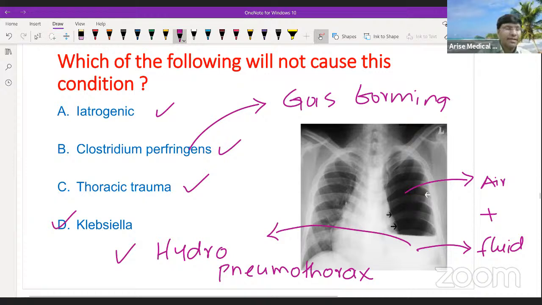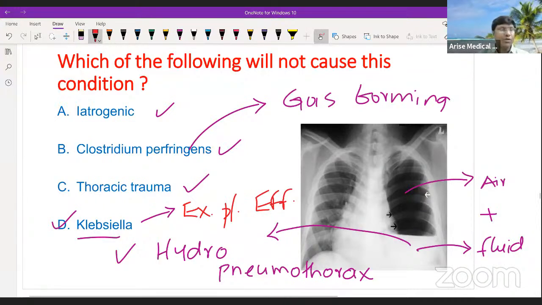But remember, Klebsiella will not cause hydropneumothorax. If at all, Klebsiella will cause exudative type of pleural effusion. Okay, so please remember this very important point.